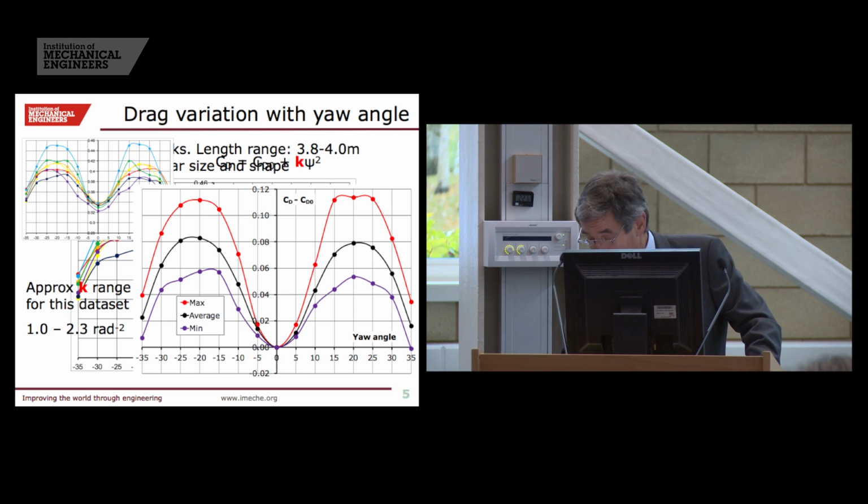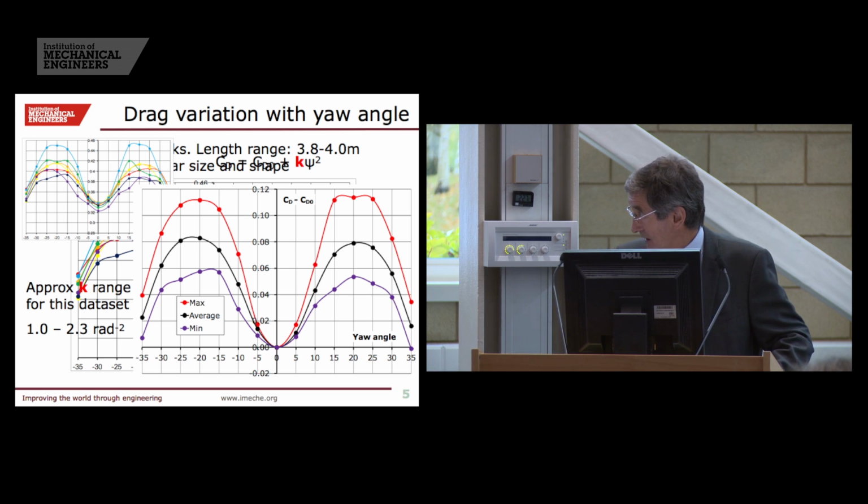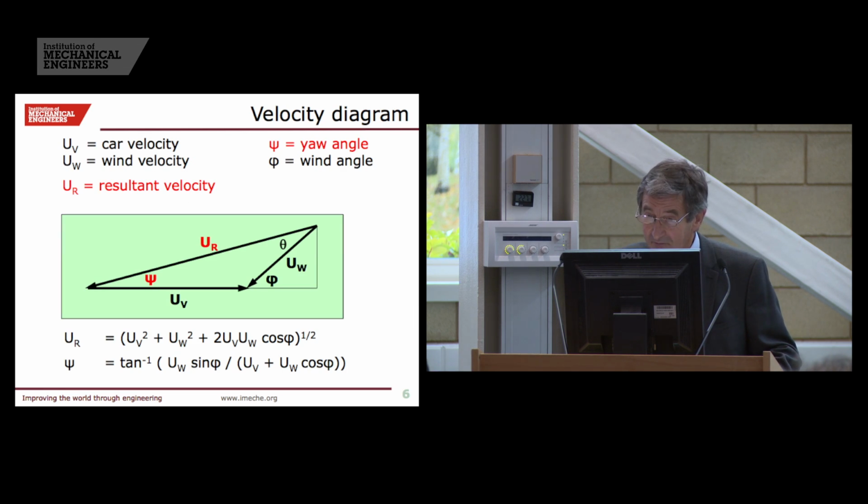And if we look at the value k in our simple parabolic equation, then that varies from around 0.5 to around 2 for the case that I'm dealing with here. And that's the range of values that I'm dealing with in this paper.